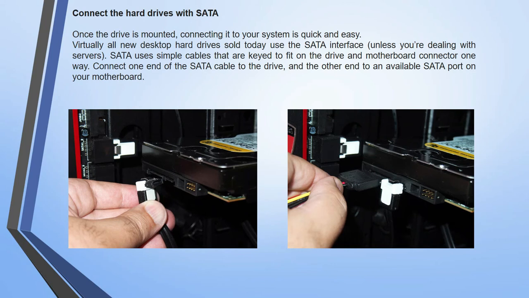SATA uses simple cables that are keyed to fit the drive and motherboard connector one way. Connect one end of the SATA cable to the drive and the other end to an available SATA port on your motherboard. Clear? Because here the hard disk is there, so one SATA cable is attached to the port on the drive, and the other end is attached to your motherboard.